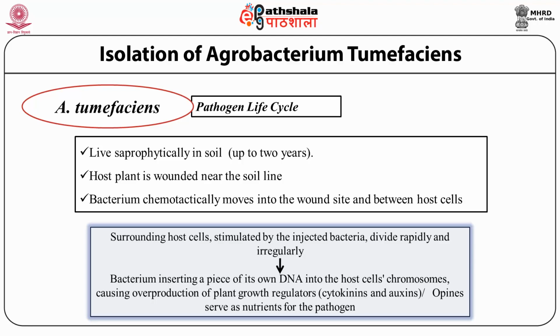Finally, this bacterium inserts a piece of its own DNA or gene into the host cell chromosome, causing overproduction of growth regulators like cytokinin and auxins. Opines, in this case, serve as a nutrient for the pathogen's growth.